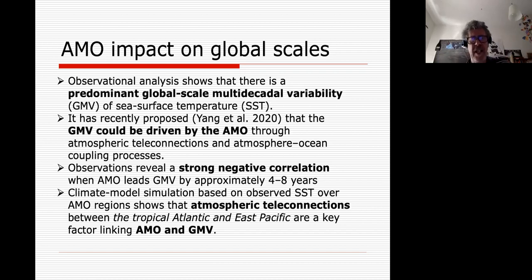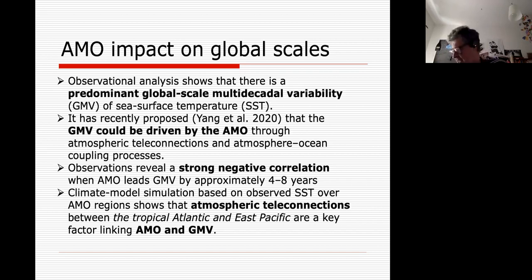Someone could say that when you make an average of the global surface temperature, you also include the North Atlantic, and the North Atlantic has a prominent signal and variability.